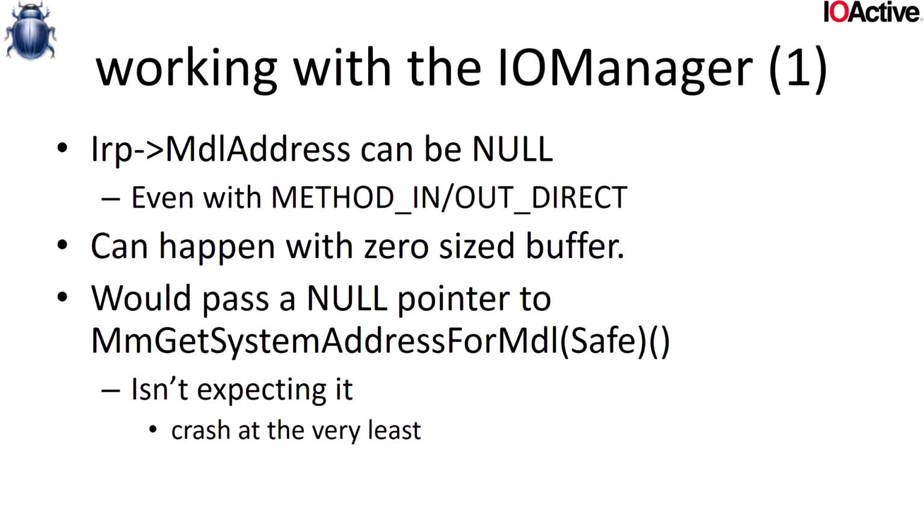The first case is a simple one, but it's a pretty common one I've seen in a bunch of drivers, where you'll have some ioctl callback, and it'll be METHOD_IN_DIRECT or METHOD_OUT_DIRECT. And it'll say, okay, we'll use the Irp MdlAddress and call MmGetSystemAddressForMdlSafe, and we get our kernel pointer out of it, all without ever checking if that pointer can be null. It can be null; the way it works, that pointer can absolutely be null.